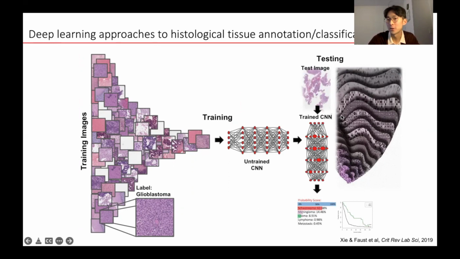And in this test image, it was a schwannoma. And once it was processed by the trained convolutional neural network, or CNN, it would come up with a probability-based score. And in this case, it was able to correctly identify the schwannoma with 64% confidence.